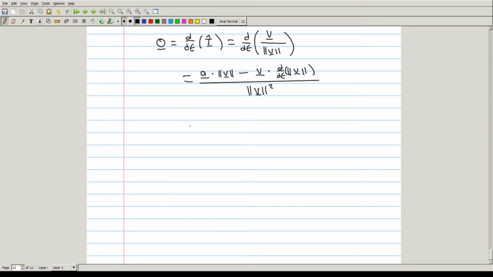And algebraically this simplifies to 1 over the magnitude of v times a minus t hat, because v divided by the magnitude of v is just t hat, and this derivative of the magnitude of the velocity vector is just the second derivative of arc length with respect to the parameter t. And this is equal to 0.